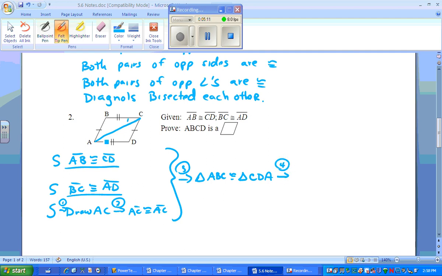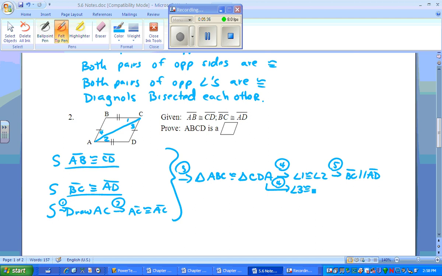Let's say we take this angle and this angle, call them 1 and 2. Angle 1 is congruent to angle 2, which then would give me BC parallel to AD. There's 1. We also know from CPCTC that we'll call this angle 3 and angle 4.